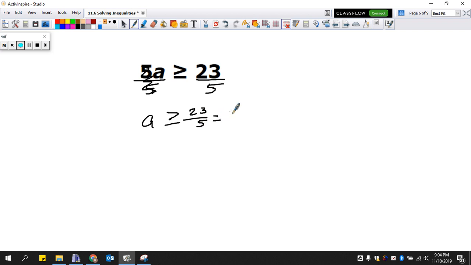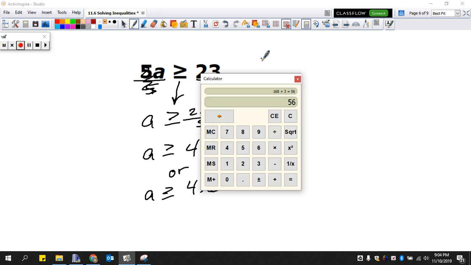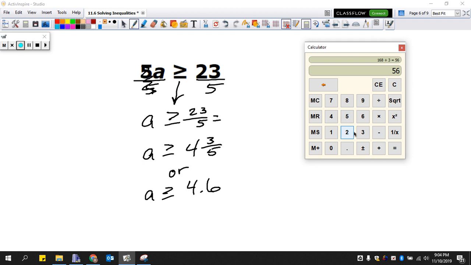We keep the greater than or equal to because we divided by a positive number, and that ends up being 4 and 3/5, or A is greater than or equal to 4.6. The way we got that, just as a reminder, if we use a calculator, we took 23 divided by 5, which is equal to 4.6.